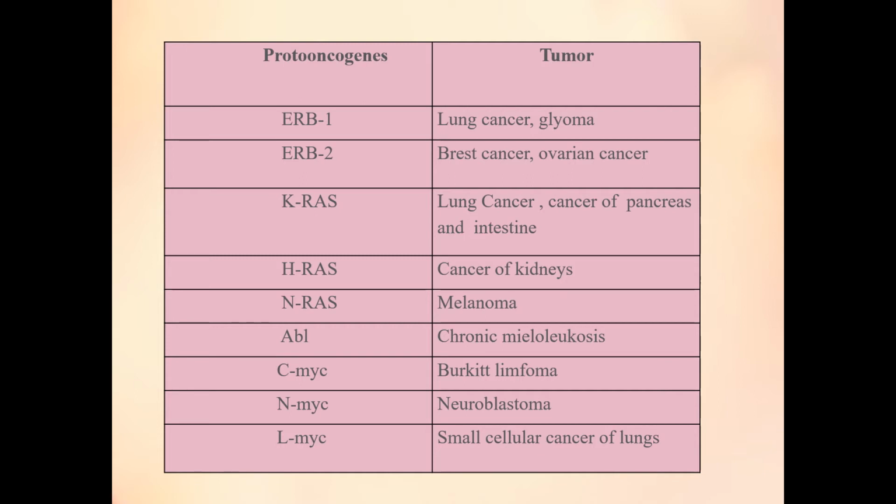These substances play a role in the reception of mitogenic signals, factors that cause cell division, and transmission of these signals from the surface of the cell to the nucleus, and the expression of certain groups of genes.